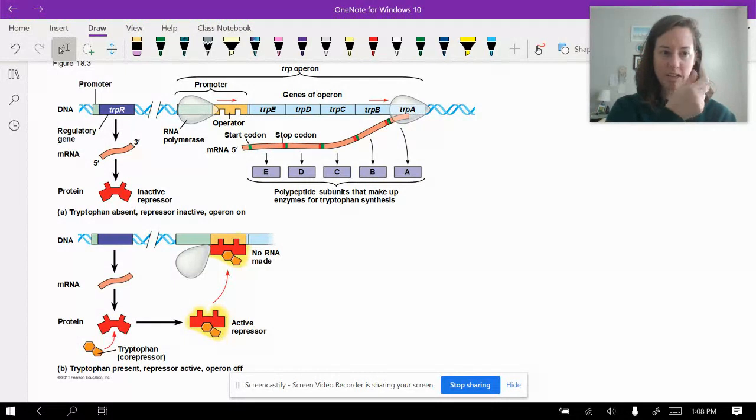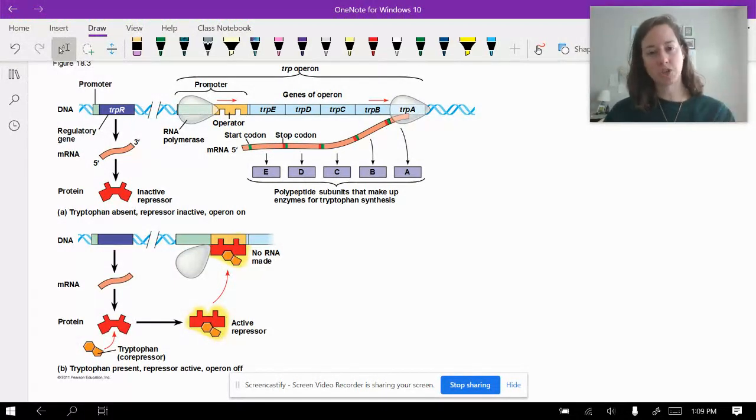At the very beginning, you have the promoter, which is the start of the operon. And you have a regulatory gene that is responsible for producing the actual repressor protein. So that's what's happening on the very left, is that separate from the operon is the code that's needed to produce the actual repressor protein.